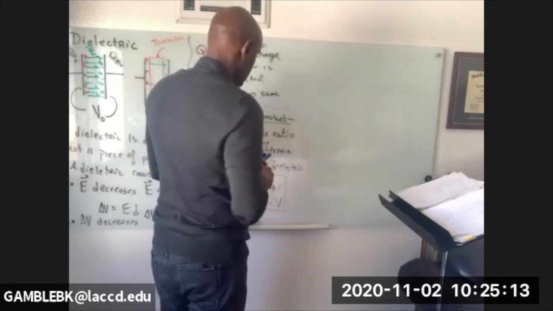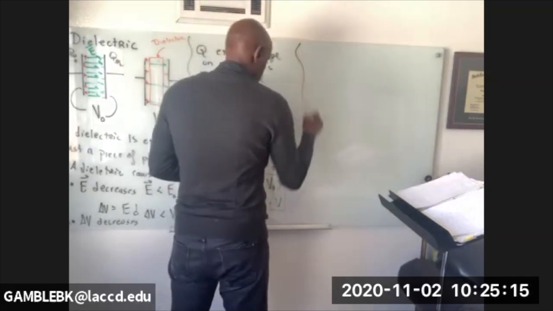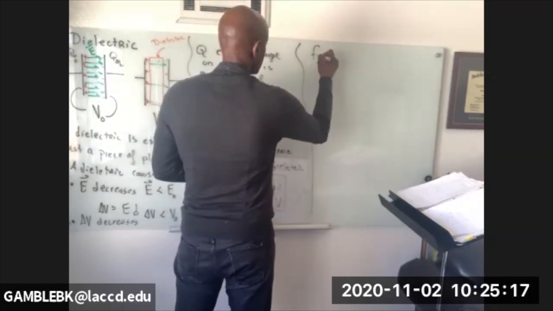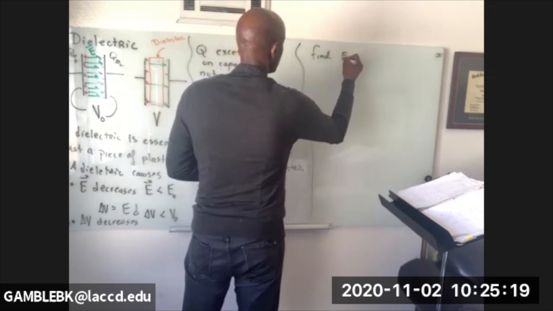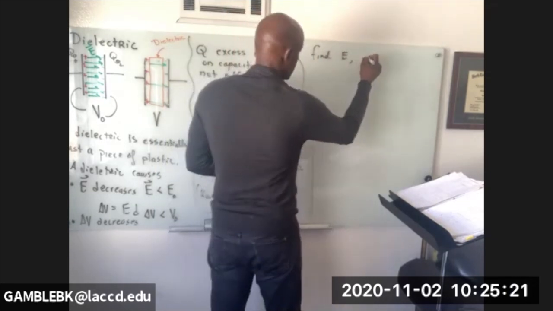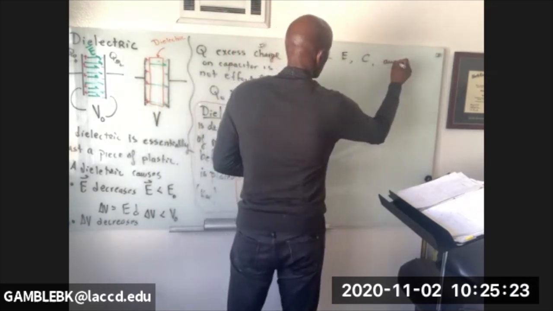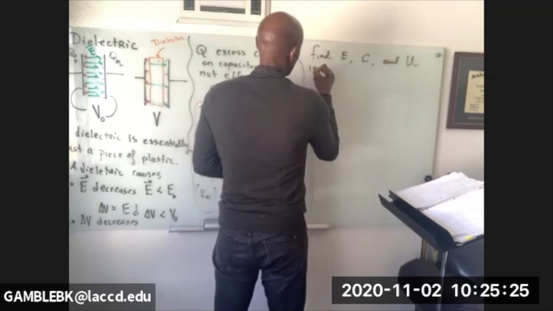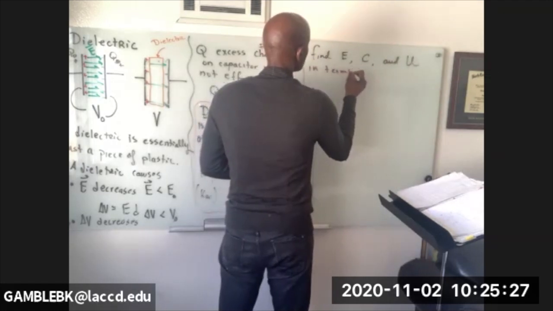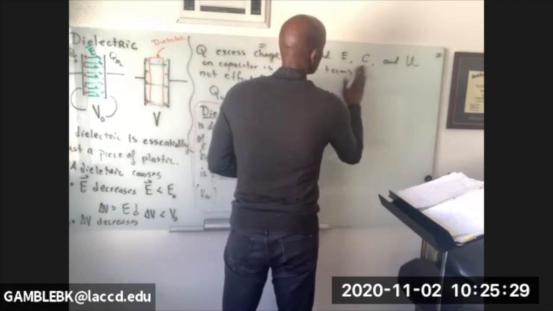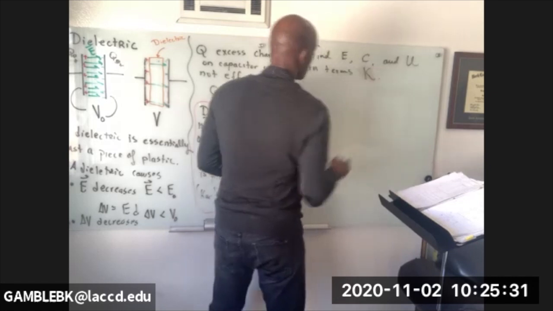See if you can work on that a little bit, and then I'll come back and clean it up. So find E, C, and U in terms of chi. See if you can do that.